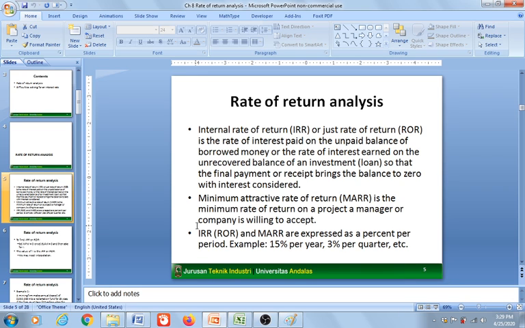So the rate of return is basically the interest that we earn on an investment, so that the final payment that we get from the investment will have a zero value.